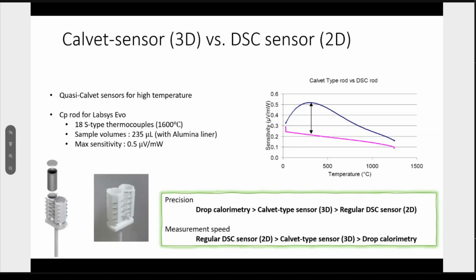For this reason, Setaram developed a calorimetric type 3D sensor, which is specially designed for Cp measurement. Comparing the existing heat capacity measurement techniques, drop calorimetry is the best, followed by calorimetric type sensors and classical DSC sensors. However, drop calorimetry takes a couple of days for each measurement.